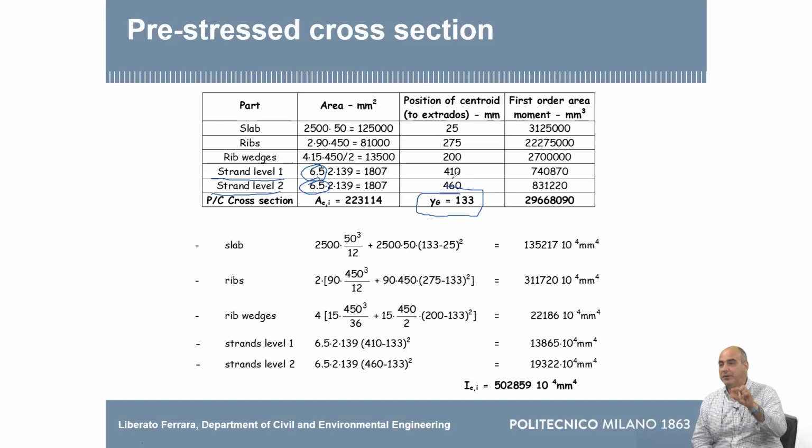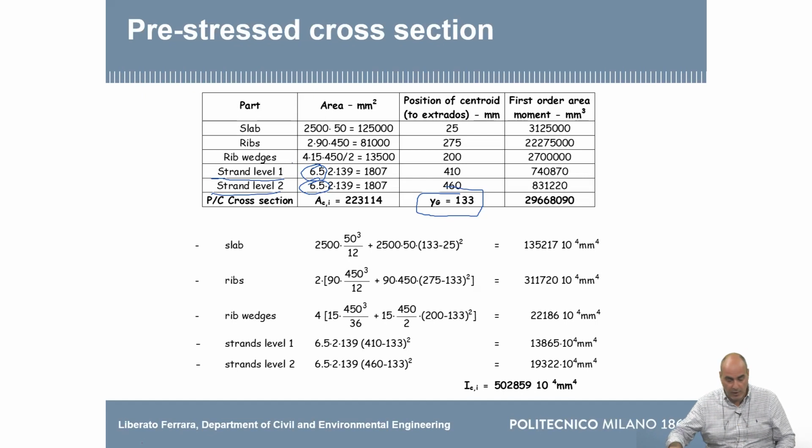Well, you say, but for just 5 millimeters over 500, 1%, shall I go for this? Yes. We are structural designers. It's not that we are checking more or less. We are checking. So we must be precise.